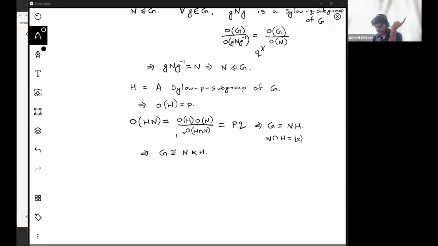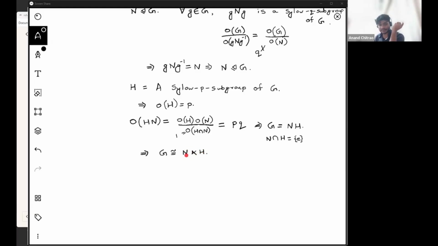Why? N has order Q and Q is a prime, means N is isomorphic to ZQ. H has order P, therefore H is isomorphic to ZP. So we are taking a semi-direct product of two abelian groups.